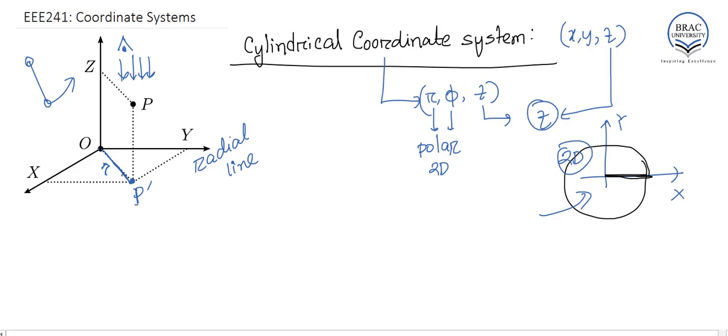Okay, so let's say we just know about this OP prime line that has a length of r, and then we start moving it from the positive x-axis in an anti-clockwise direction. When I say the anti-clockwise direction, I am mapping this direction over here.